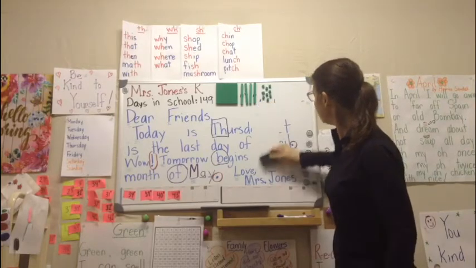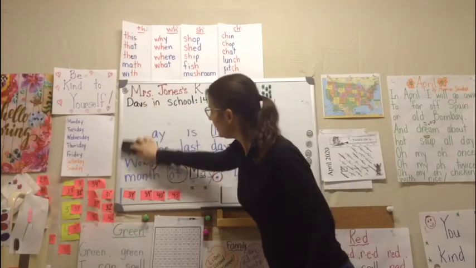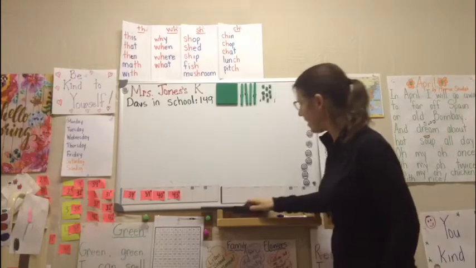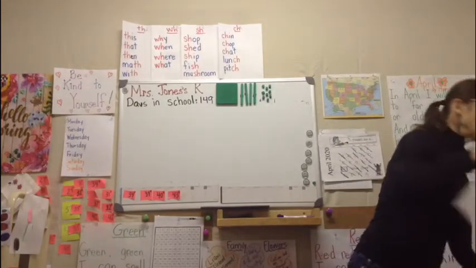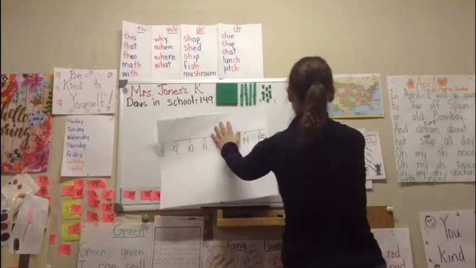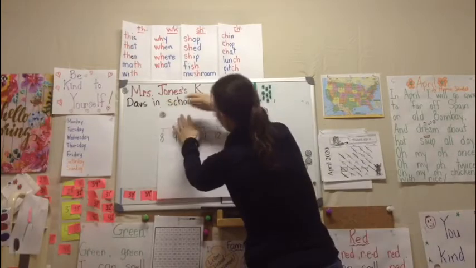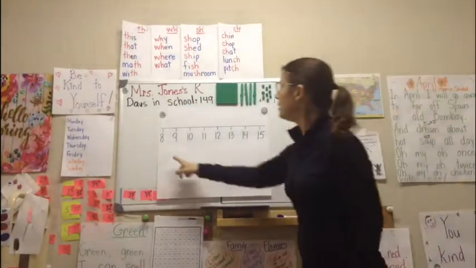And today I wanted to play a game called Number Squeeze. I'm going to show you what that looks like. I have something called a partial number line. The number line usually starts at 0 and goes way up high. In our classroom, it goes all the way up to 180.